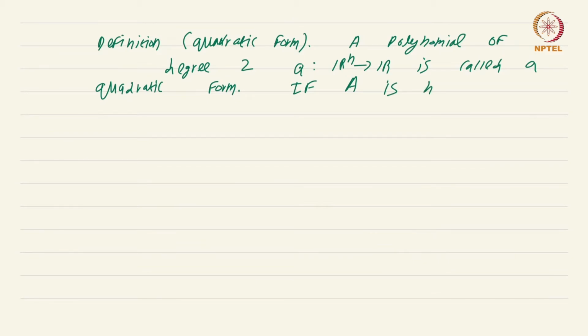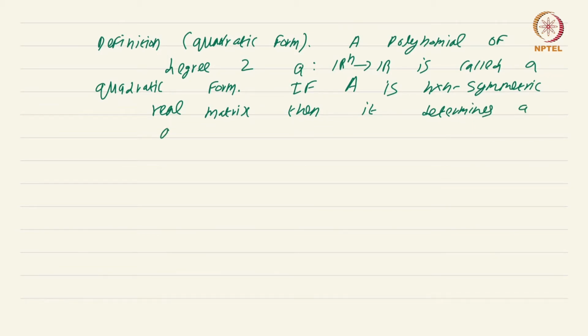If A is an n cross n symmetric real matrix, then it determines a quadratic form, given by X maps to, again, X transpose A acting on X. That this is going to be a quadratic polynomial just follows from the very definition of matrix multiplication.